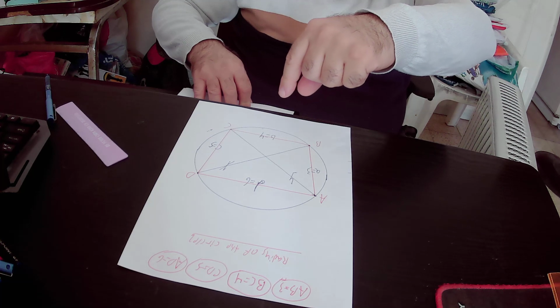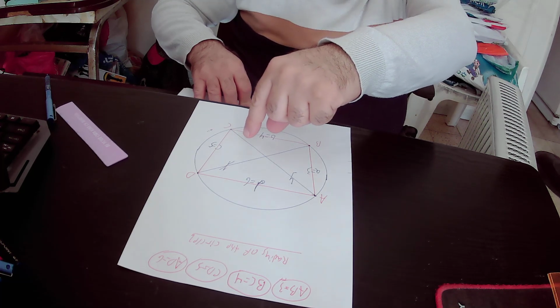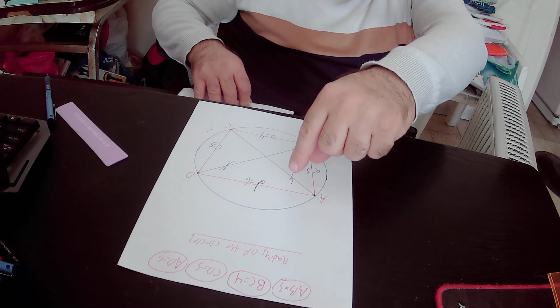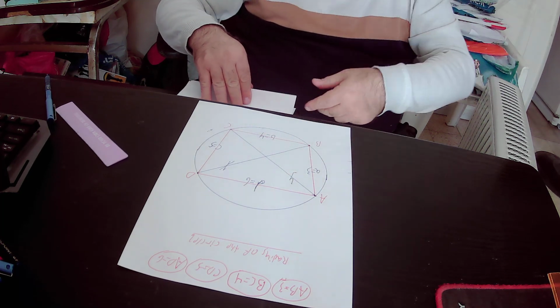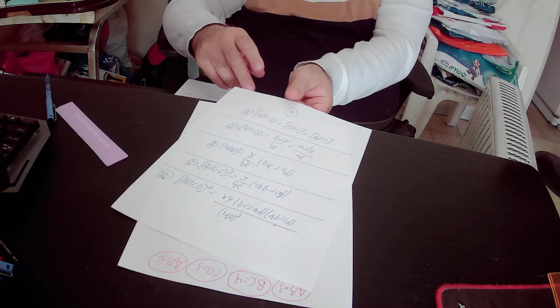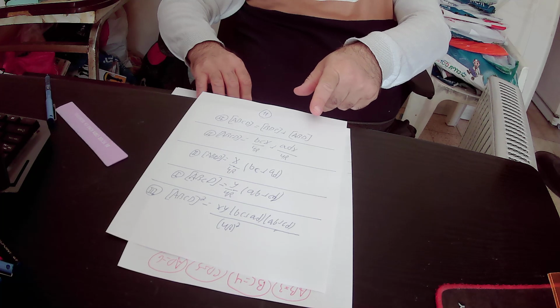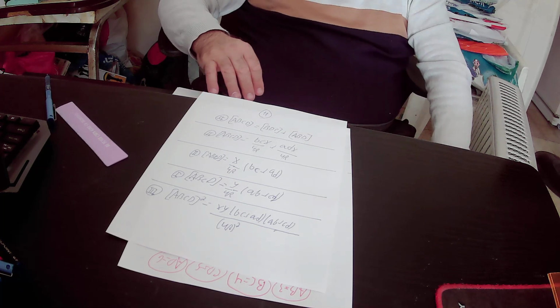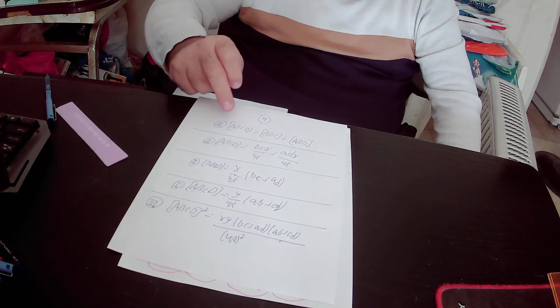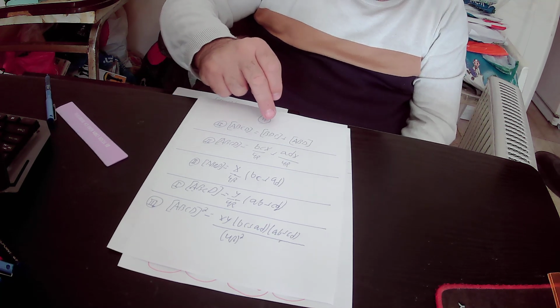Therefore, the area of quadrilateral ABCD will be equal to the area of triangle BDC plus the area of triangle ABD.